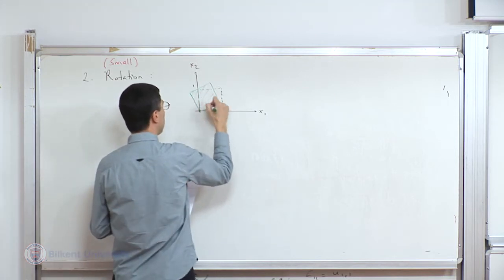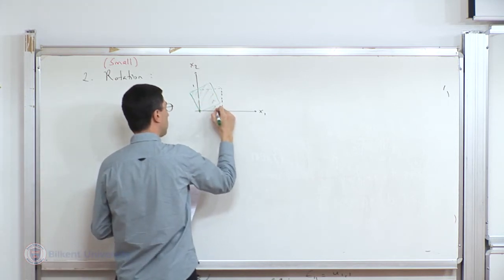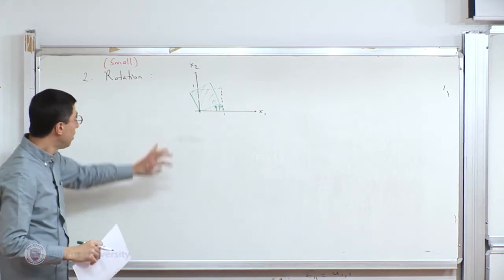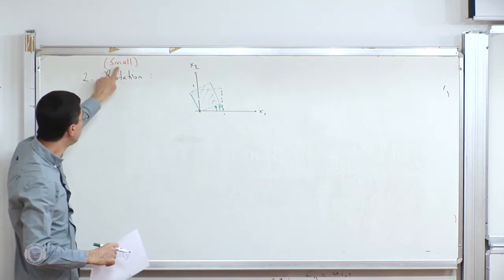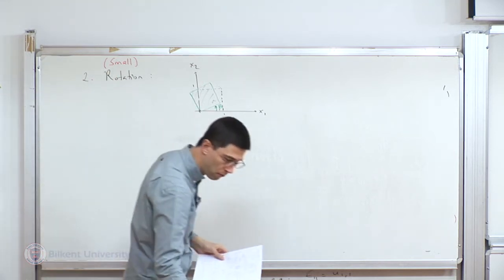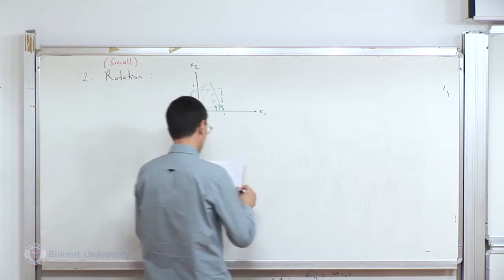And so that's the new shape. And this here is, let's say, the angle of rotation, beta. Now I've exaggerated the rotation, okay? So I want it to be eventually small. I'll enforce that mathematically very soon.